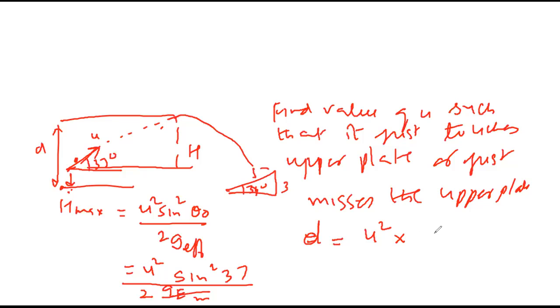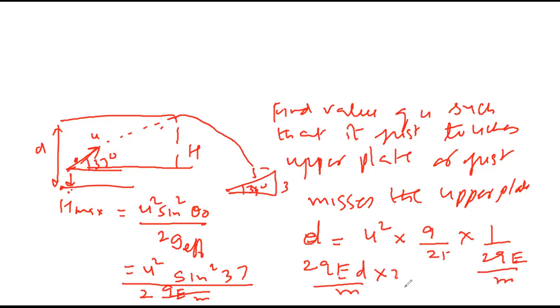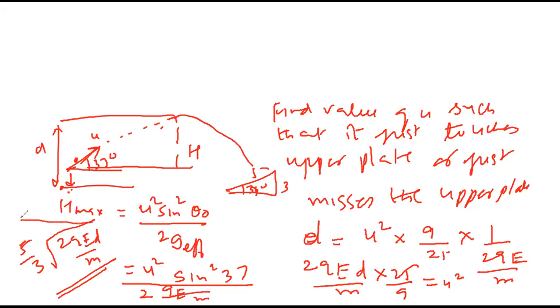So when you square it, it will become 9 by 25, into 1 upon 2 QE by m. Therefore, 2 QED by m into 25 upon 9 is u square. Okay, taking square root, it will be 5 by 3 root of 2 QED by m is the answer.